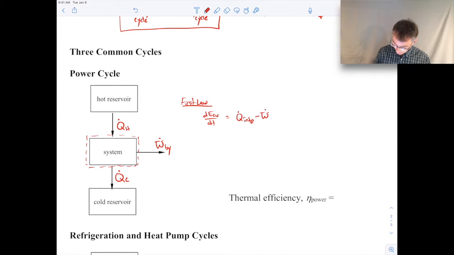So we'll write out the first law. I've written it in its rate form.